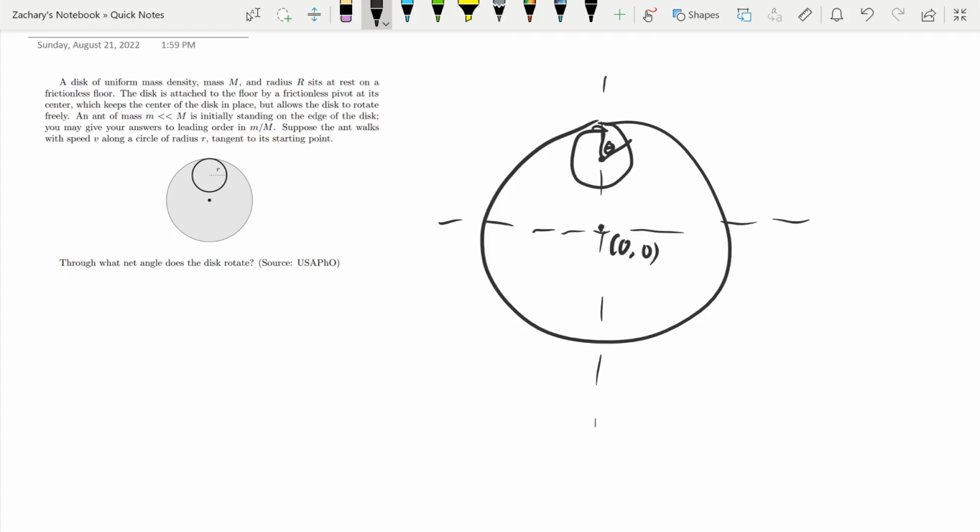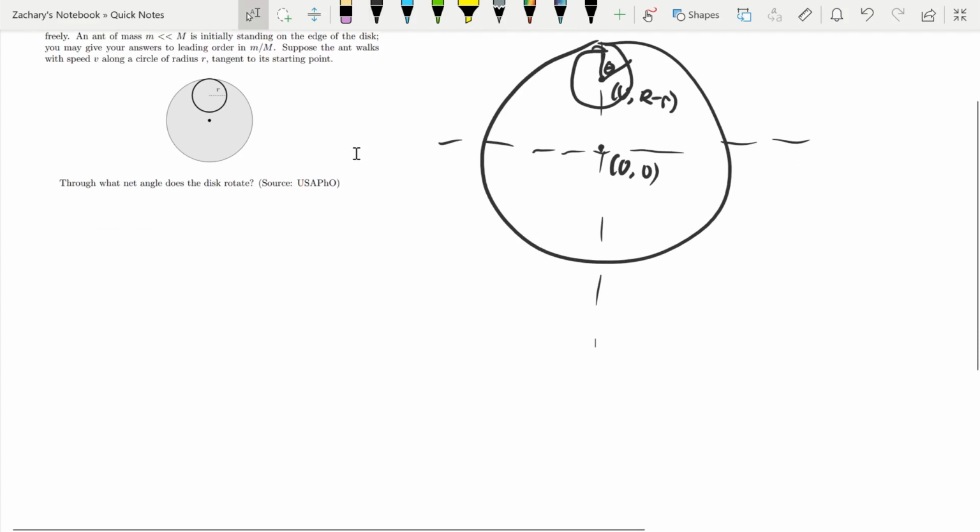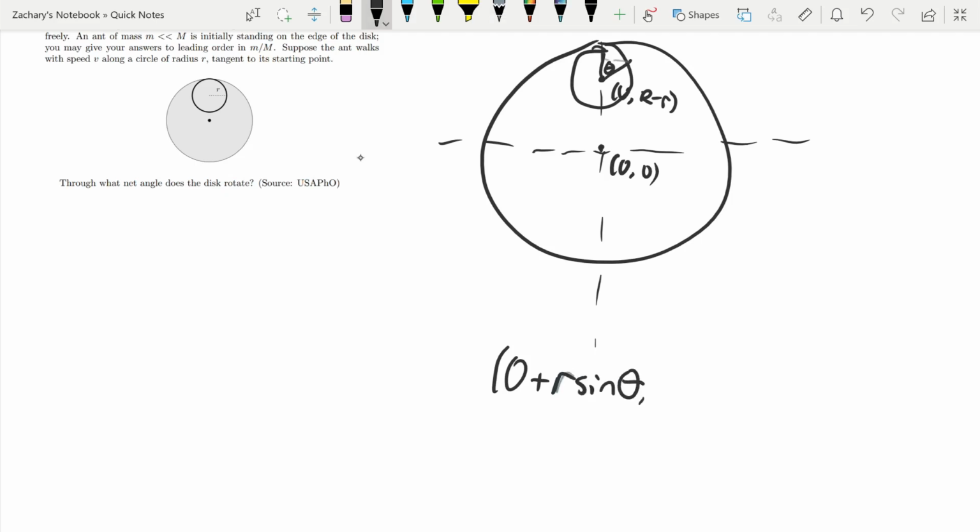You see that the center of this smaller circle is (0, R minus r). So the coordinates of the ant now are 0 plus the horizontal distance, which is r sine theta, and the vertical distance is R minus r plus r cosine theta.